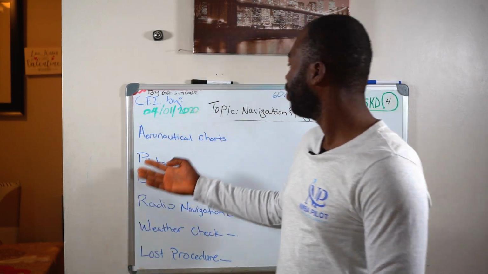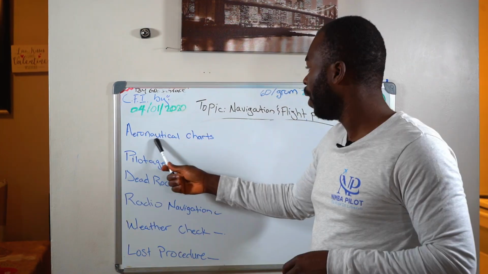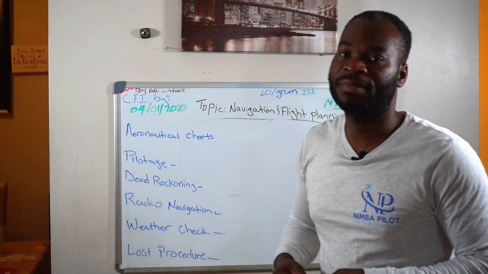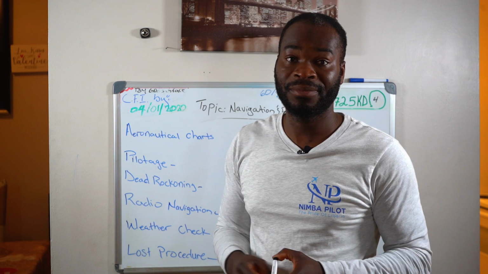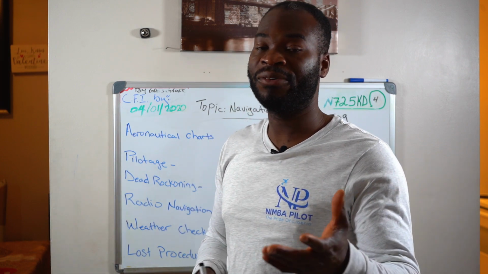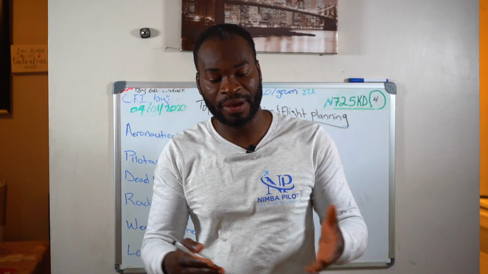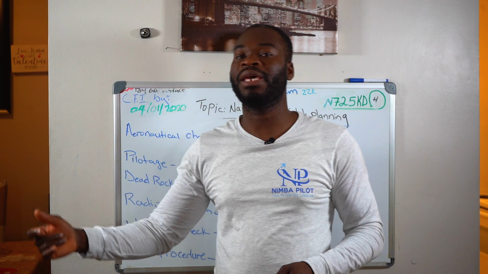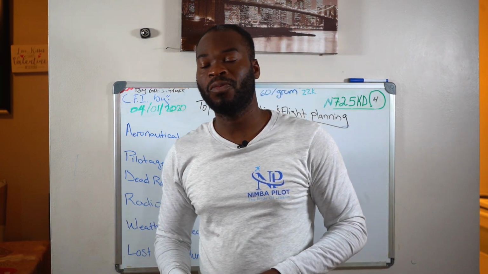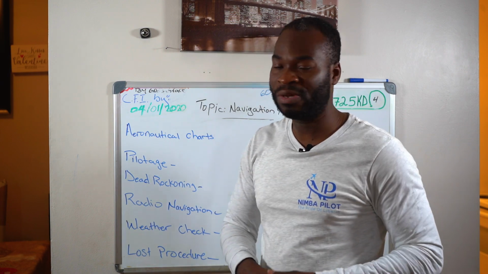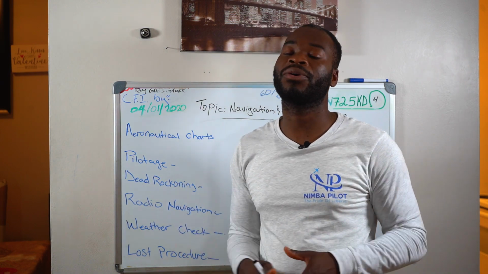So the first thing on here is aeronautical chart. Aeronautical charts, that is the roadmap for pilots from the air. For VFR pilots, we have our sectional charts. We have what we call the terminal area chart, and the sectional chart we use for a long cross country.